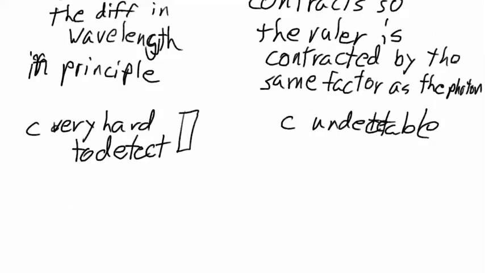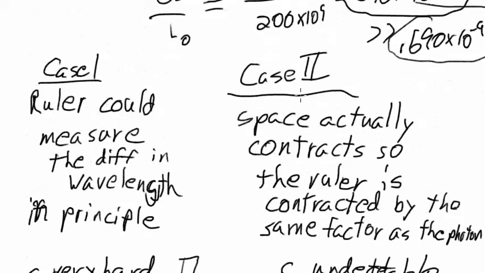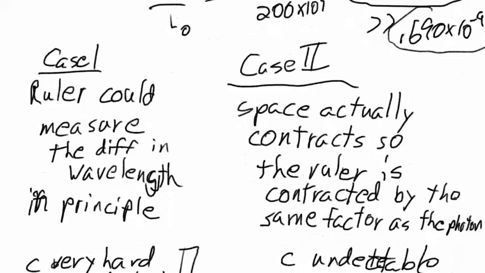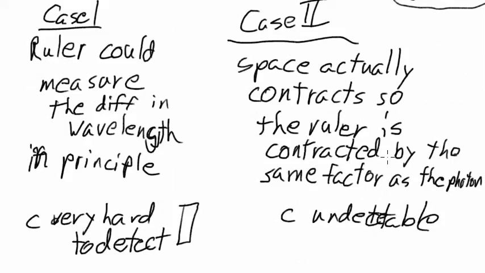But in this case too, there is no possibility of even doing that, because not only is it difficult to observe, it is impossible to observe, because space-time conspires in such a way that the ruler contracts by the same factor as the photon's wavelength.